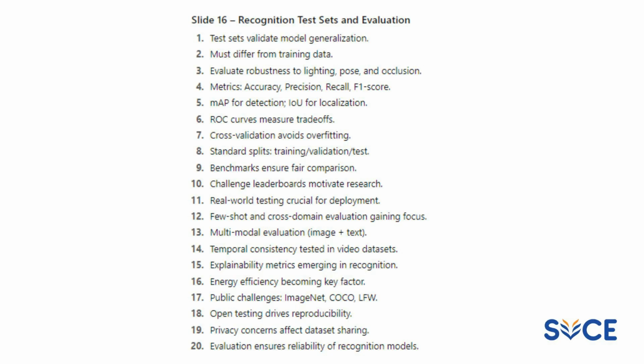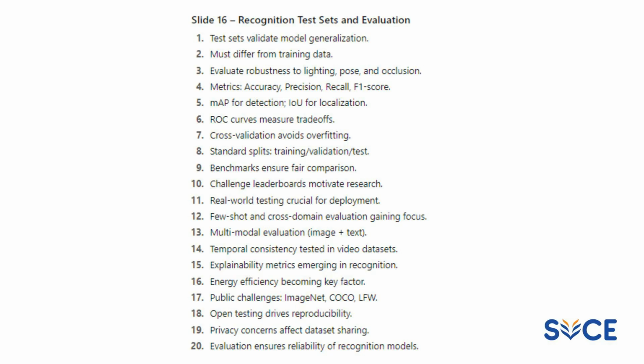To conclude, test sets and evaluation metrics are critical for assessing the performance and generalization of recognition systems. Proper evaluation ensures that the model is not only accurate on training data but can also handle real-world conditions, from accuracy and precision to IoU, mAP and ROC AUC.